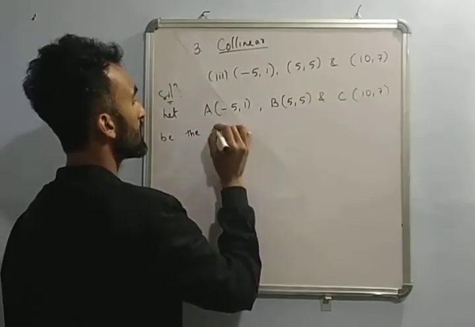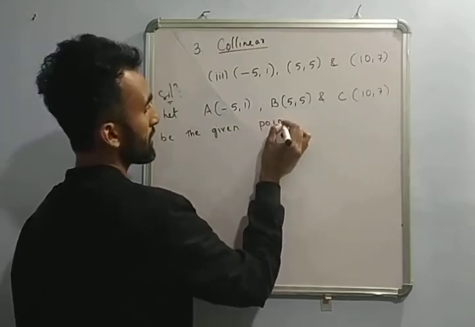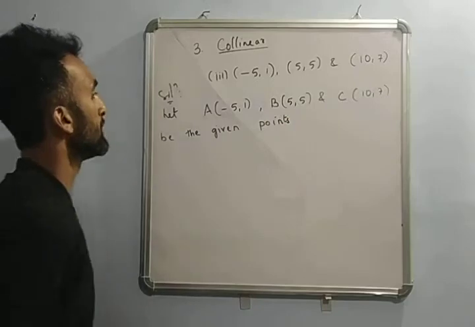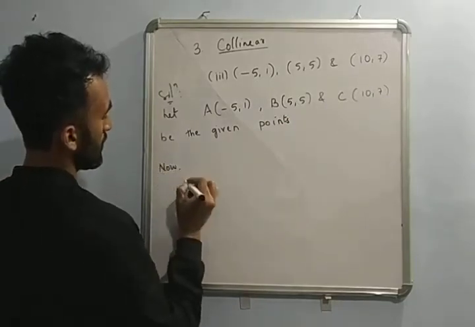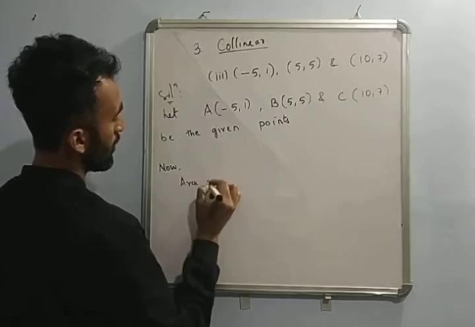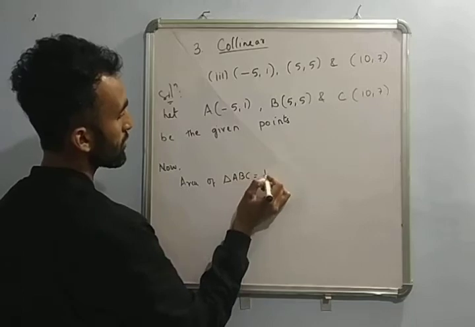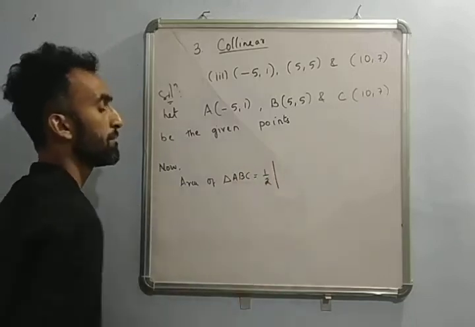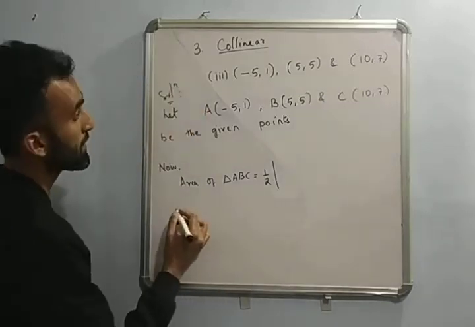If they give you vertices, then you write vertices be the given points. Here it is points, so I'll just write points only. Now area of triangle ABC equals half. Then again the same concept I'm doing here.